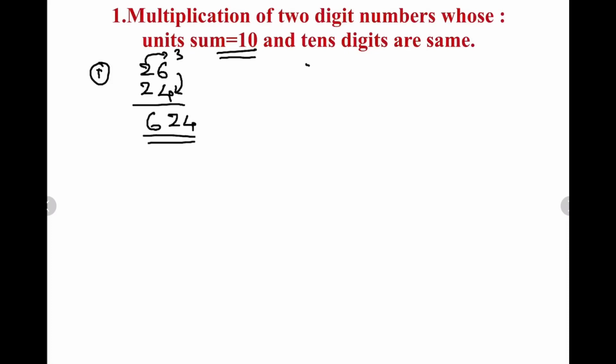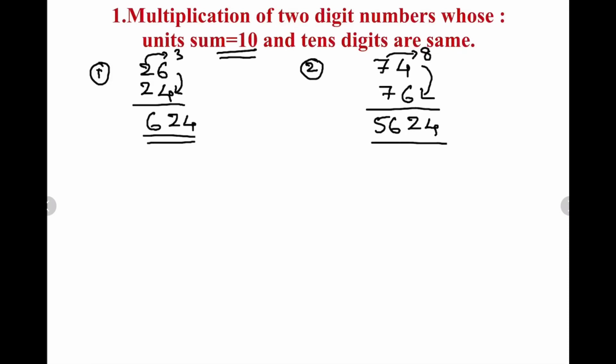If we go with the second example, 74. What do I have to keep? 76. 4 into 6, 24. 7 and the next number 8, 7 into 8. If we go with another example, 81, I have to keep 89.